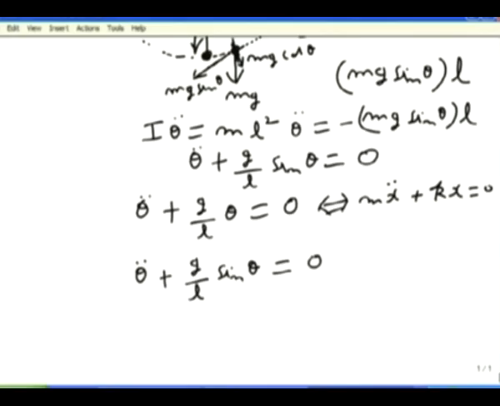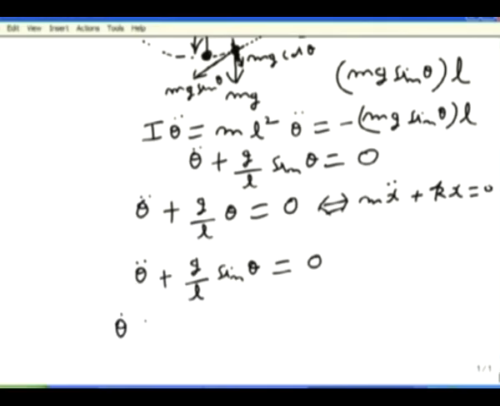How do we solve this differential equation? This differential equation is non-linear. If x is a solution of this, that does not mean a constant times x is a solution of this. This is a non-linear differential equation, and for solving it, multiply by theta dot.